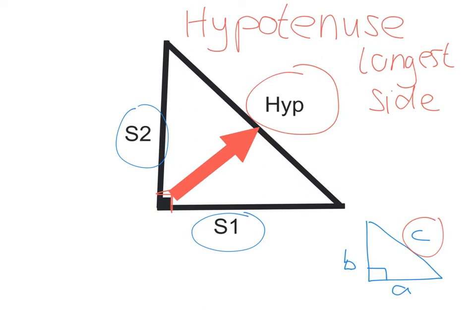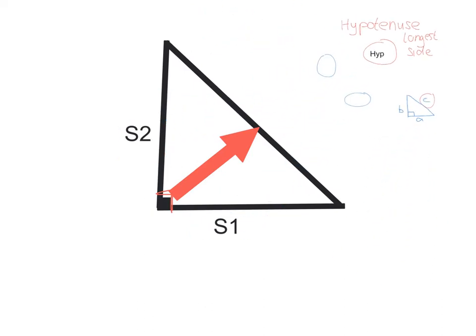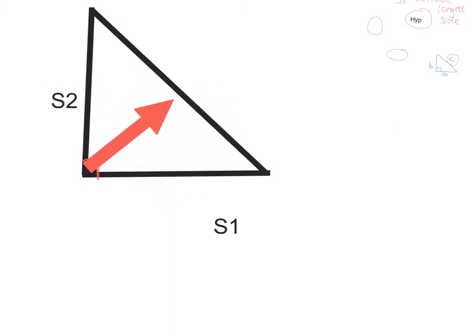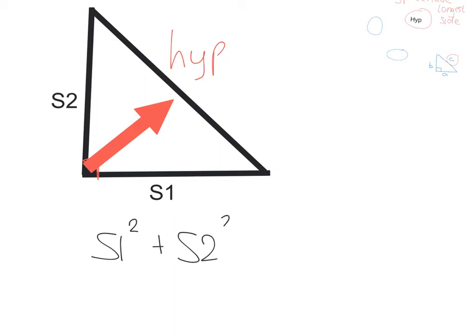Now, what we need to know is what is our actual formula. And the formula is this: side 1 squared plus side 2 squared equals the hypotenuse squared.